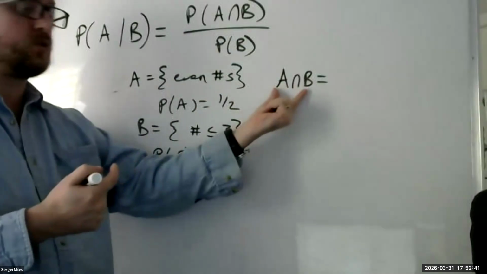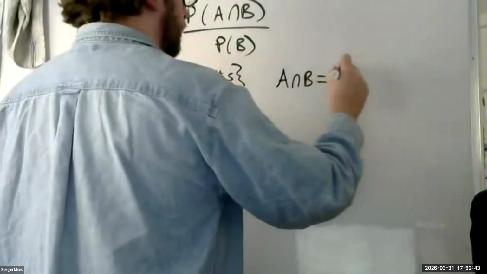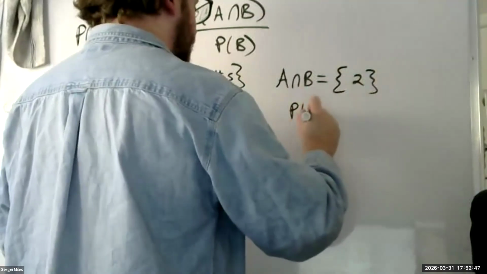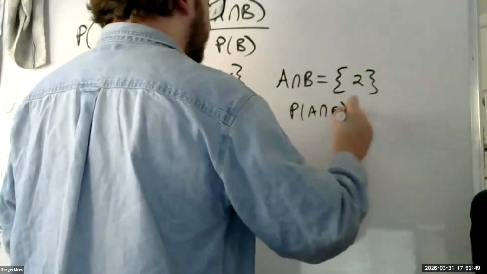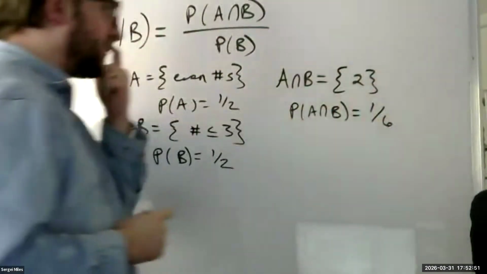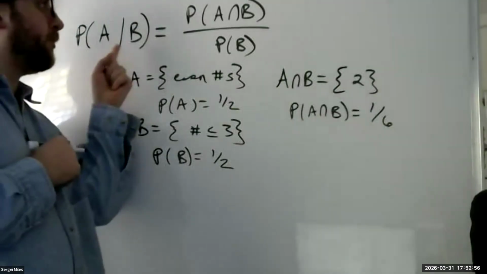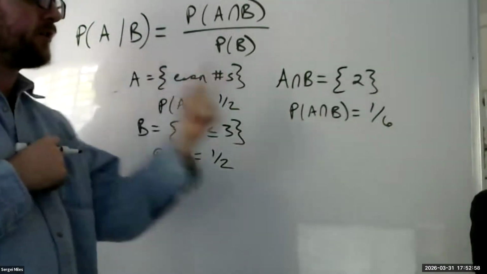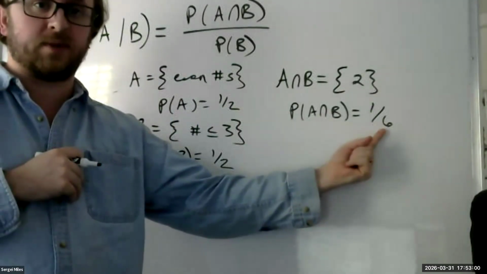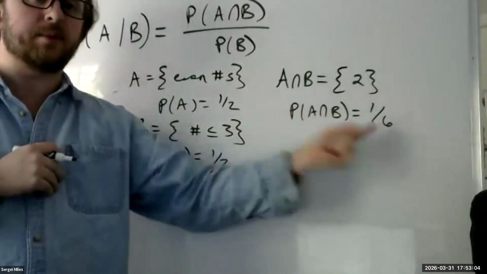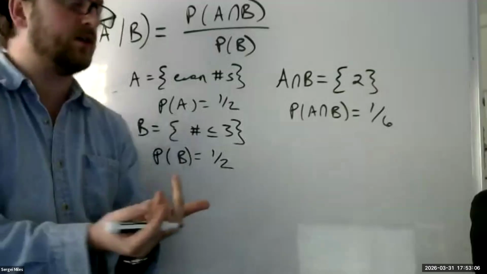That's the intersection between A and B here. In which case, the probability of the intersection, ordinarily, would be 1 out of 6, right? But for conditional probability, if I say B has happened first, I no longer have all 6 possible outcomes.